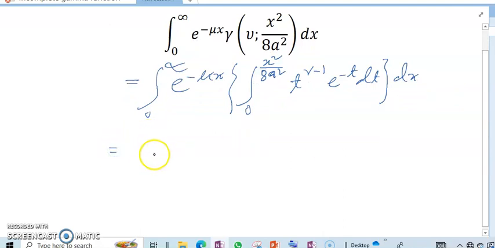So we are just changing the order of integration. How can we change the order? It is very simple.